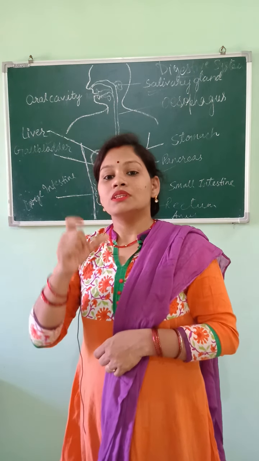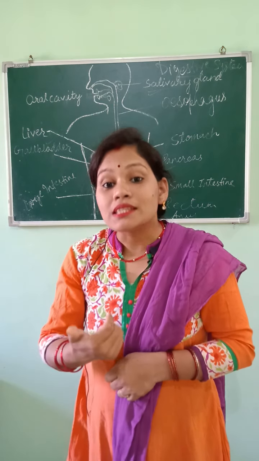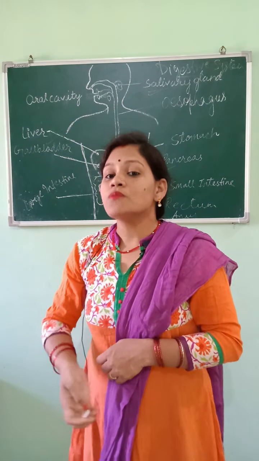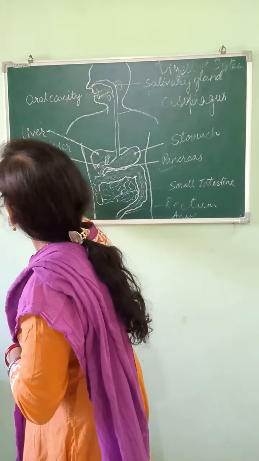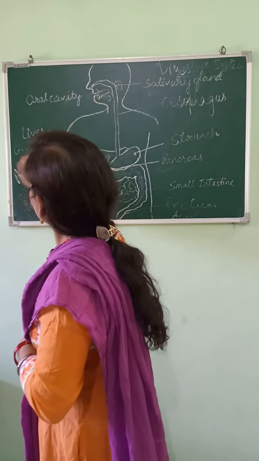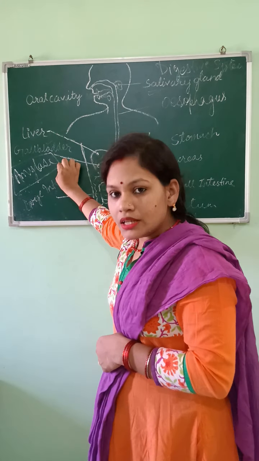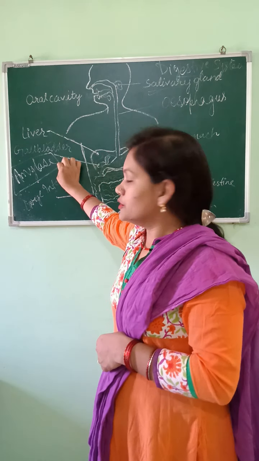Now these salivary glands produce the saliva, and they also produce an enzyme. The name of the enzyme is amylase. This enzyme amylase helps in digestion of the food.